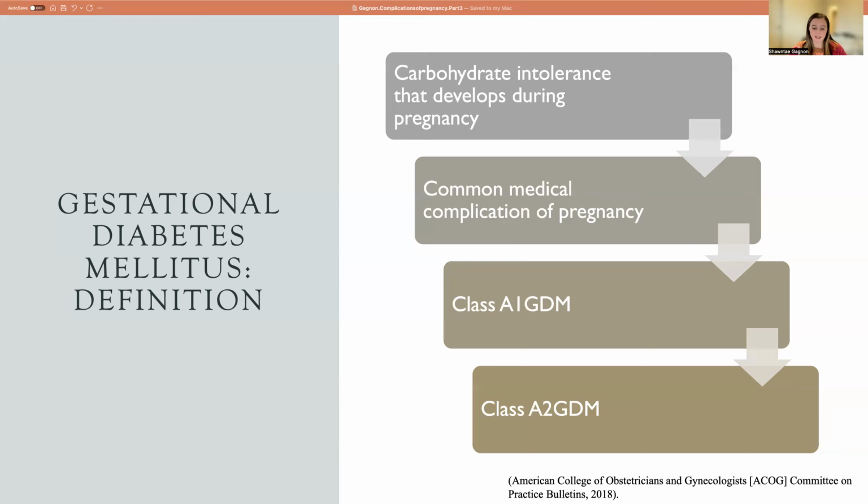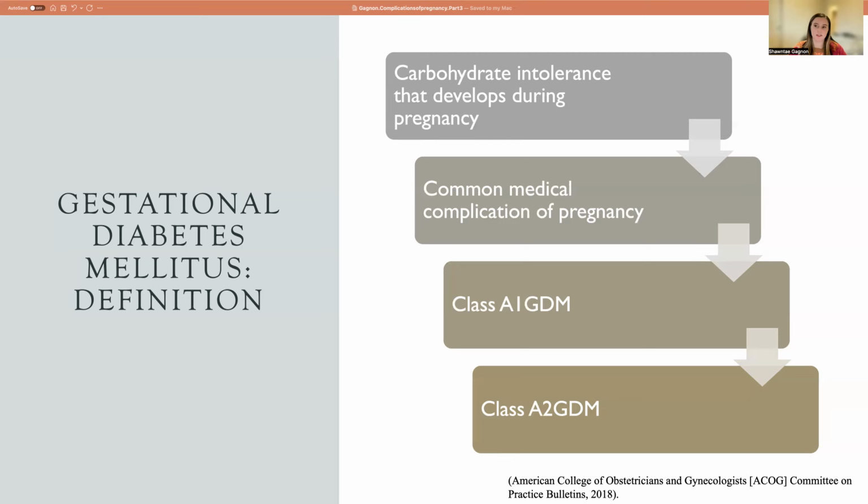And then neonatal hyperbilirubinemia, shoulder dystocia, and stillbirth. And then maternally, increased risk for preeclampsia, the need for cesarean delivery, and developing type 2 diabetes after pregnancy.